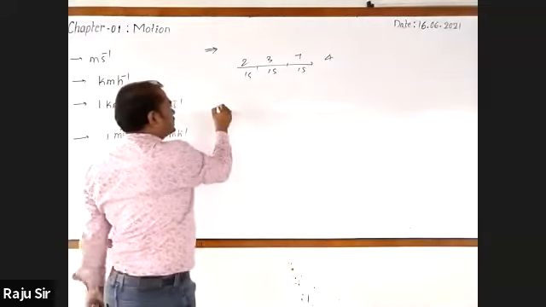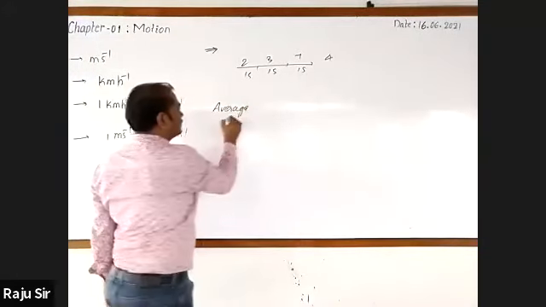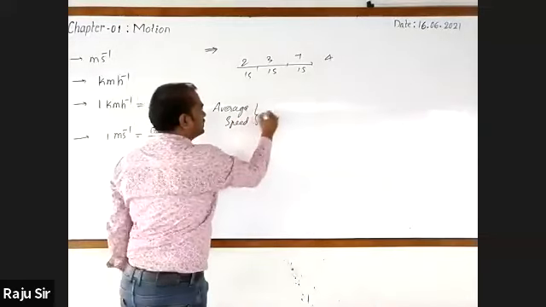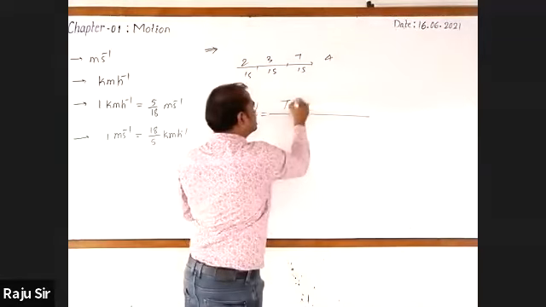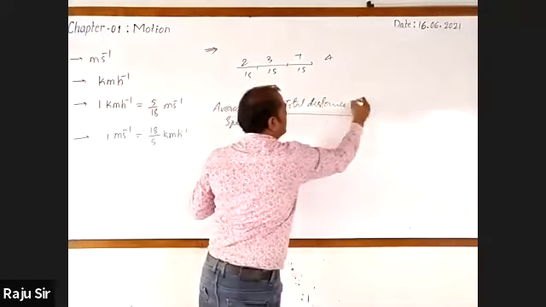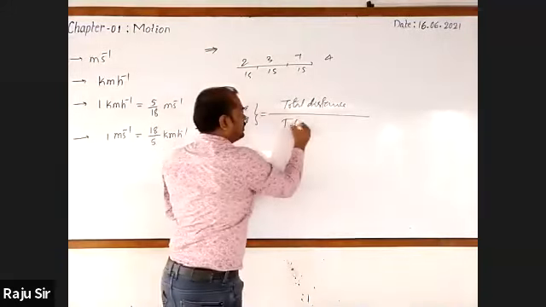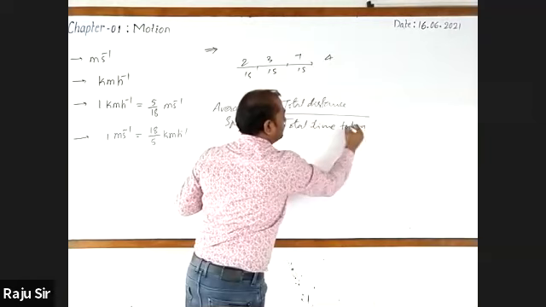That is what we call average speed. Don't write anything, just observe. Average speed is the ratio of total distance by total time taken.